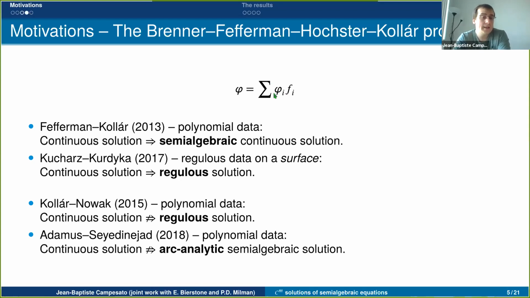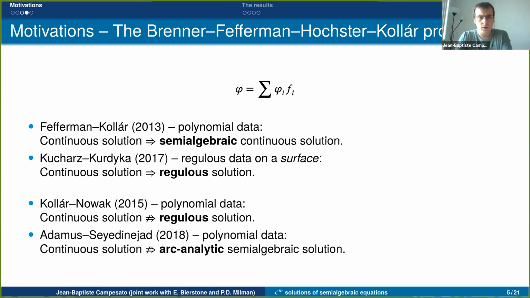And similarly, Adamus and Seyedinejad gave an example where the data are polynomials of an equation which admits a continuous solution, but no arc-analytic solution. So a function is arc-analytic if it maps by composition real analytic arcs to real analytic arcs, or if it is, let's say, analytic along real analytic arcs.